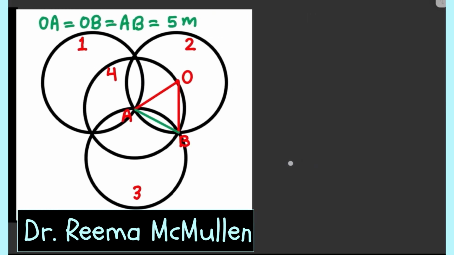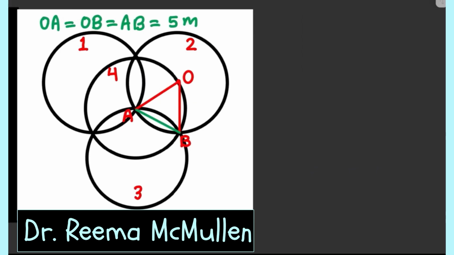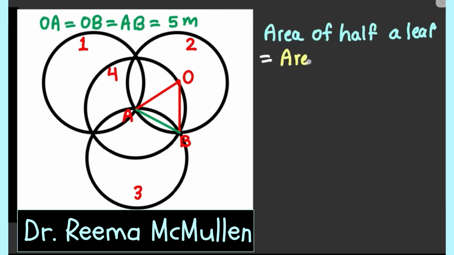All right, let's make some room here. So here's what we're saying. We're saying that the area of half a leaf is equal to the area of the sector, which sector?